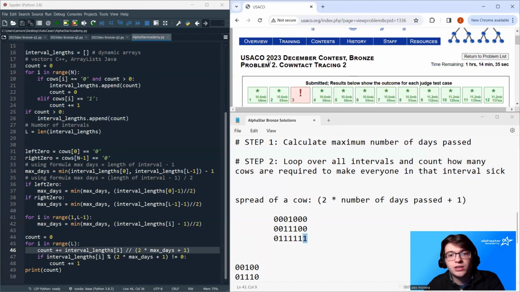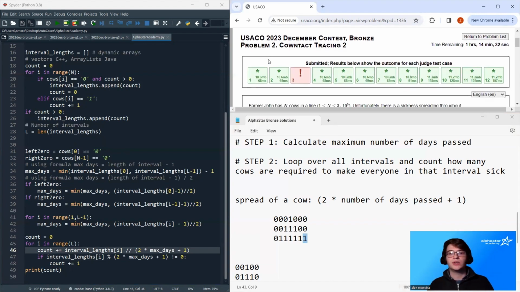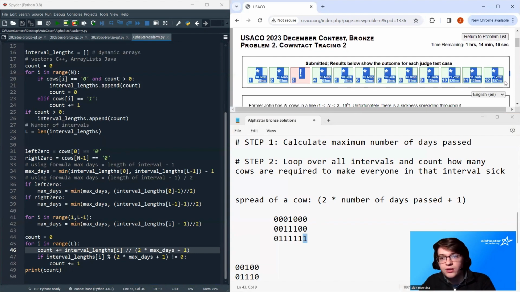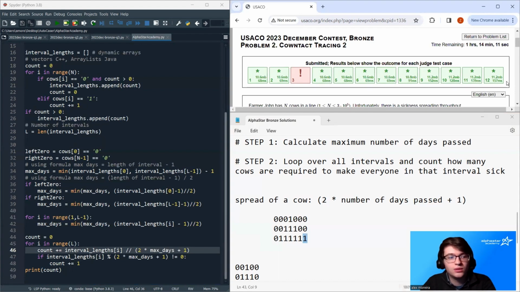All right, so we're passing a large majority of the test cases, but we're failing test case 3. And an interesting thing about test case 3 is not only are we failing it, we're actually getting a runtime error. So you want to think about, okay, my program works great for 11 out of the 12 test cases.